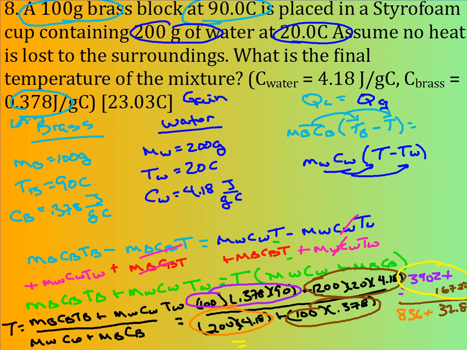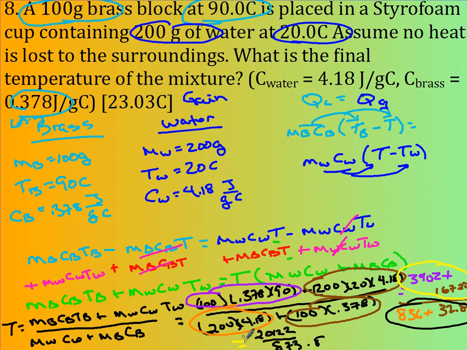3402 plus 16720 is a big number, 20122. And that's going to be divided by 836 plus 37.8. So now we're going to add these two numbers right here together. And we got 873.8.